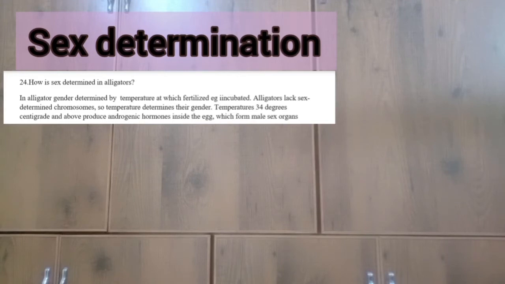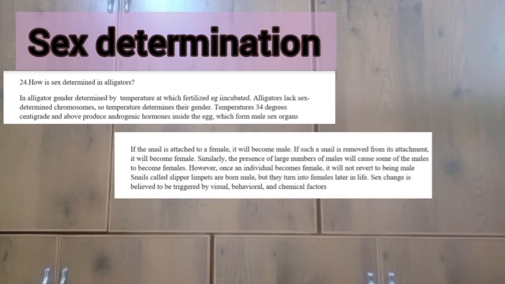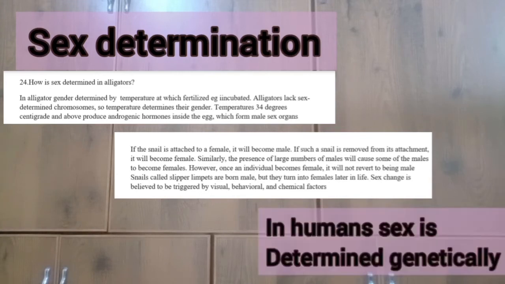In some other animals such as snails, individuals can change sex, indicating that sex is not genetically determined. However, in human beings, the sex of an individual is largely genetically determined. In other words, genes that we have inherited from our parents decide whether we are males or females.